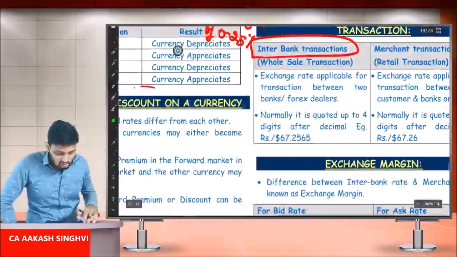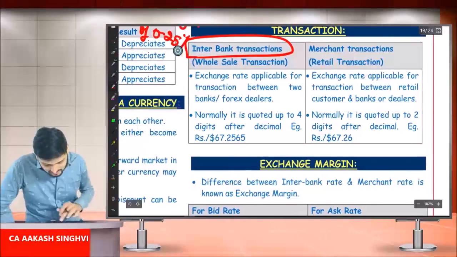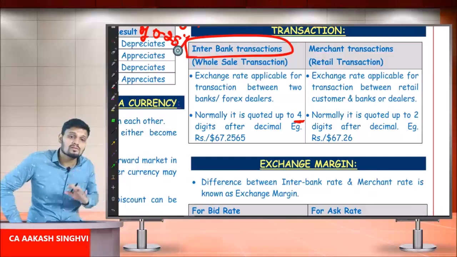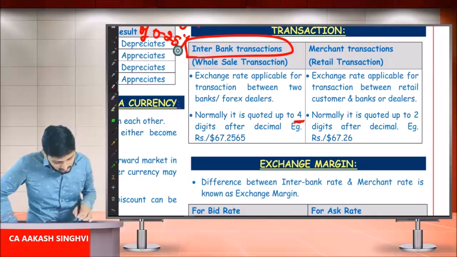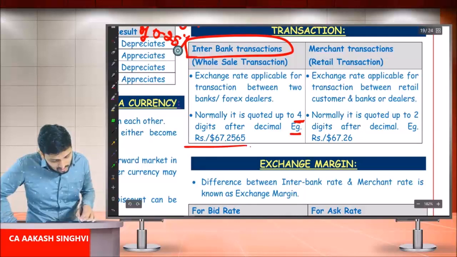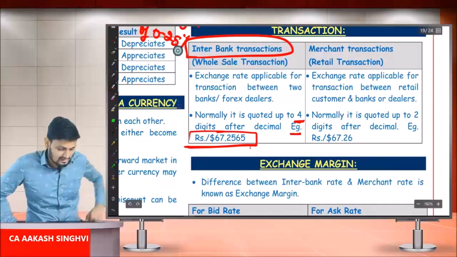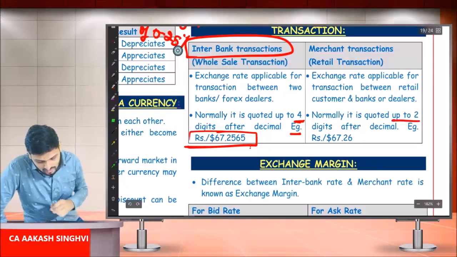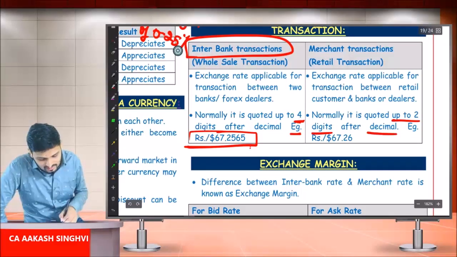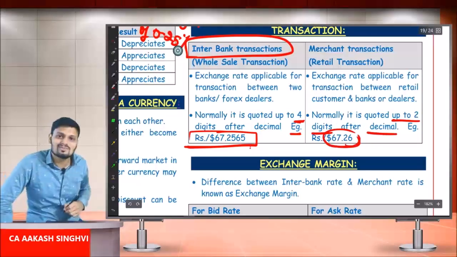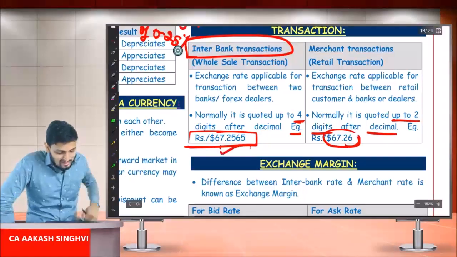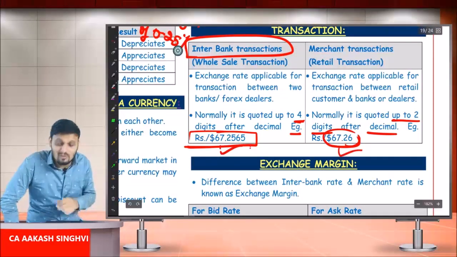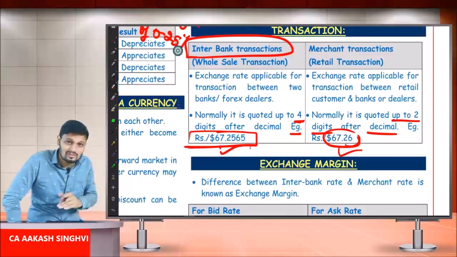Normally interbank transactions are quoted up to 4 decimals, for example rupees per dollar 67.2565, and here normally it is quoted up to 2 digits after decimal, that is only 67.26. So the bank is able to get at 67.25, and when selling, rounding off into 2 decimals, 67.26.